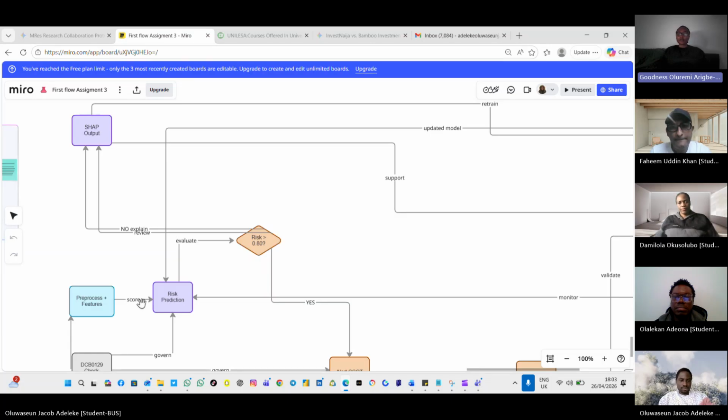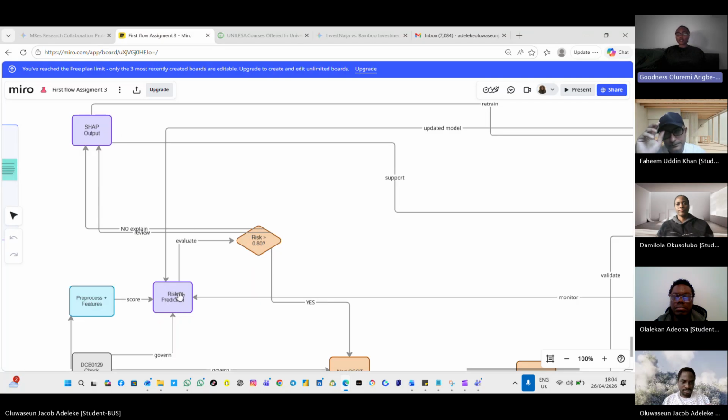From the pre-processed features, the score is input into the risk prediction, which is our AI model. It will evaluate the risk prediction, which is equal to 0.80 or less. There is a need for SHAP output to explain the black box.